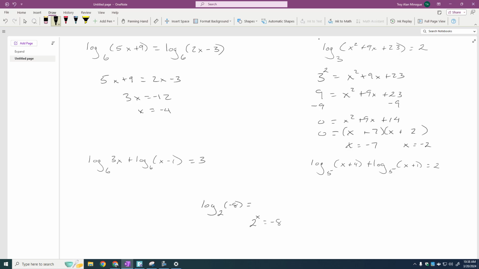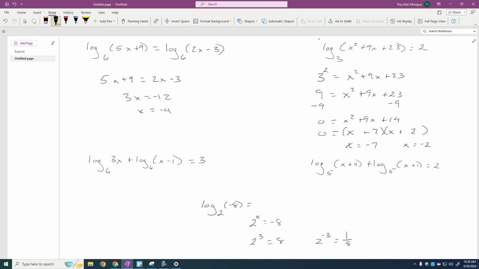Not possible. 2 raised to the third power is a positive 8. 2 raised to a negative third power is 1 over 8. There is no way I'm going to take a positive number, raise it to anything, and get a negative number. It is not possible.